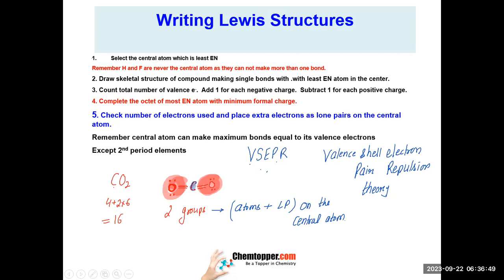So this is the central atom. On this central atom, you have two atoms. Any lone pair? No lone pair. So two groups, right? These two groups are full of electron density. So are they going to attract or repel? They are going to repel.